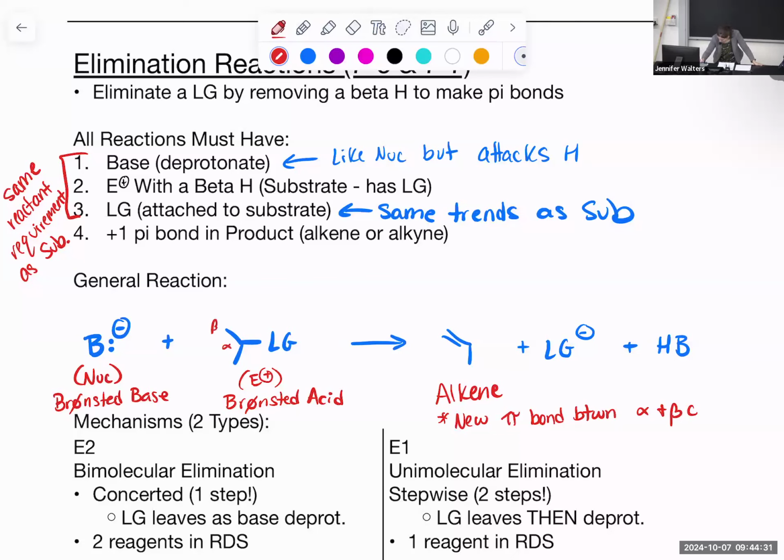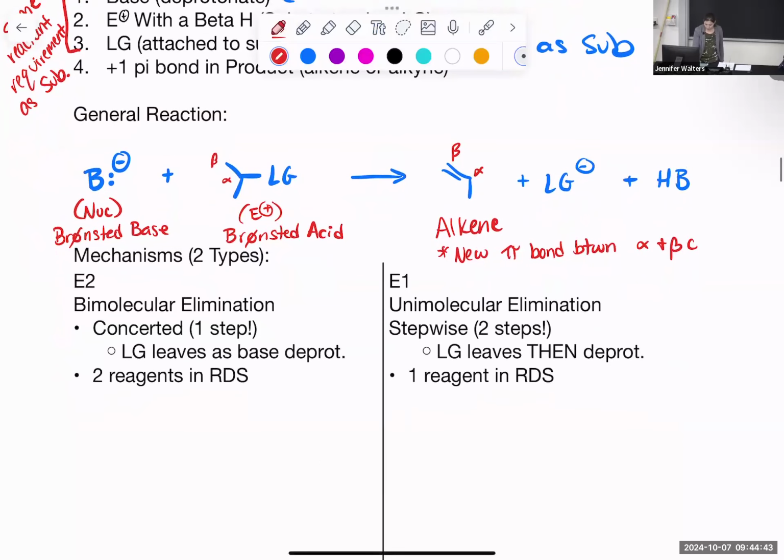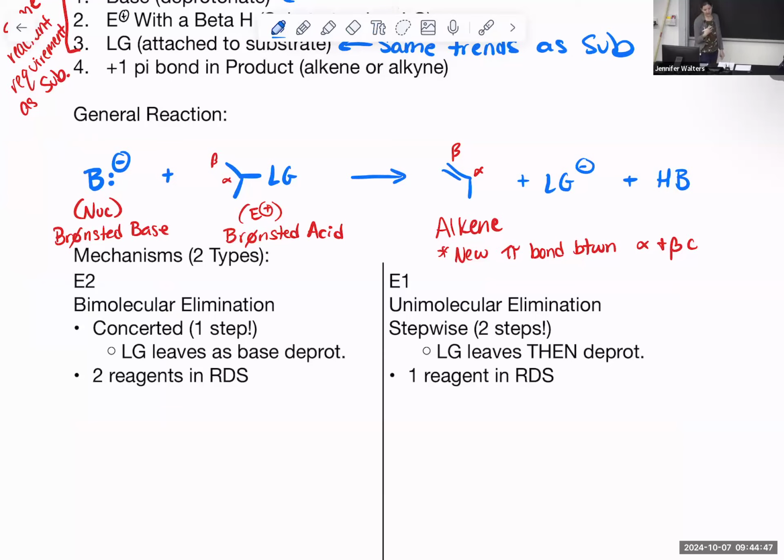So that's alpha, that's beta. So that's the general reaction: base plus your electrophile, the acid, the substrate, is going to now make the alkene, where you have leaving group left as a byproduct, and the base took the hydrogen. It took the beta hydrogen.